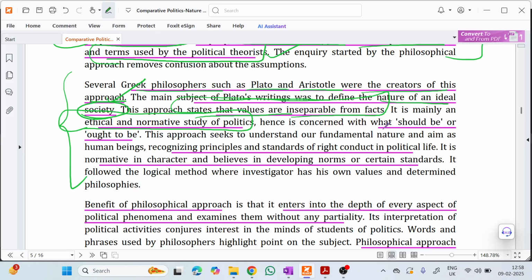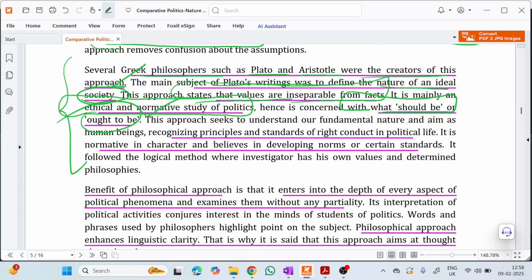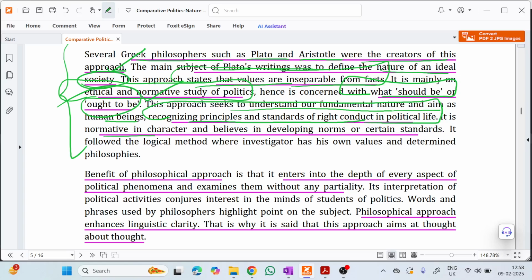By which it is concerned with what a state should be or ought to be rather than what it is in the present. Then this approach seeks to understand our fundamental nature and aim as human beings, recognizing principles and standards of right conduct in political life. So it is normative in character and believes in developing norms and standards.